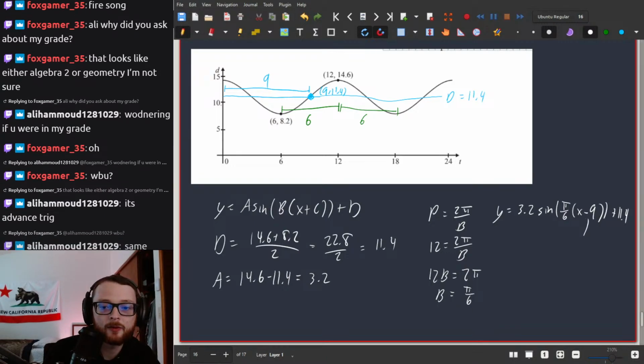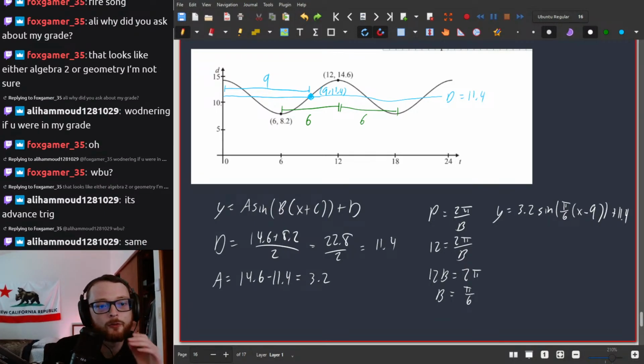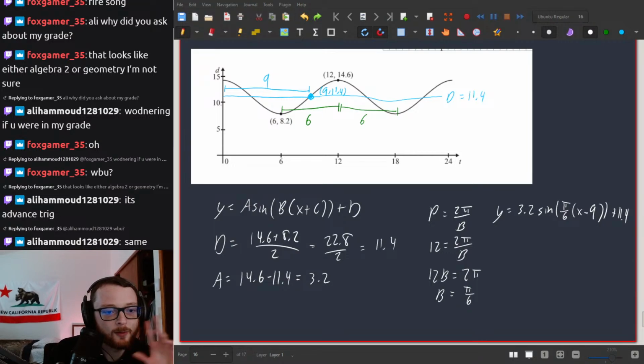And I made this a negative because it's a shift to the right instead of to the left. And I sometimes get that mixed up, so let's check this graph out in Desmos.